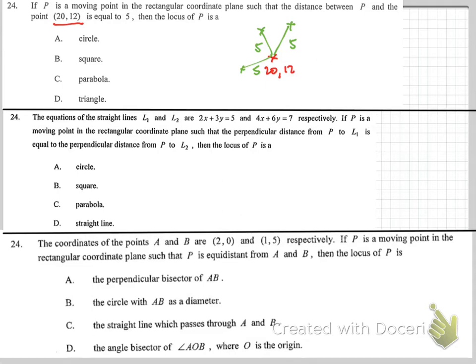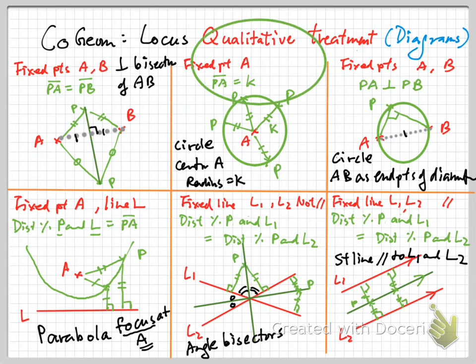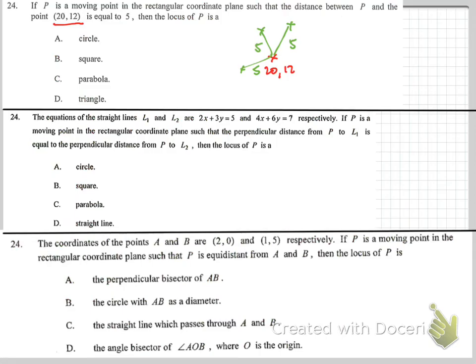Now you know, if PA equals 5, that would be this situation. The locus will be a circle, the radius is 5, and the center is at (20, 12). So the answer is A, a circle.